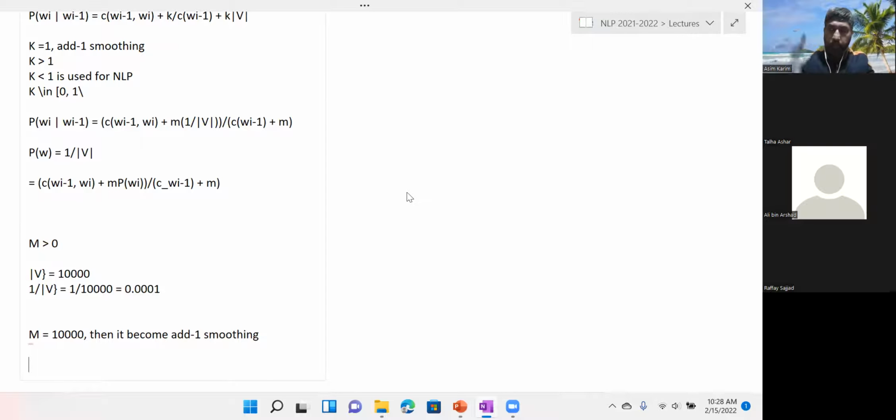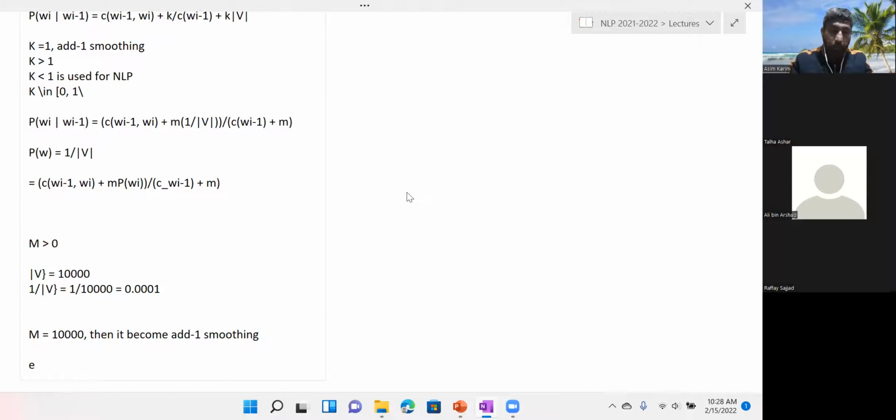Similarly, you can develop some more theory for add-K smoothing and even for smoothing with uniform priors and unigram priors. But there is less theory for the techniques that we are going to discuss now, although they do give better results for NLP. Most of these observations are based on empirical analysis.